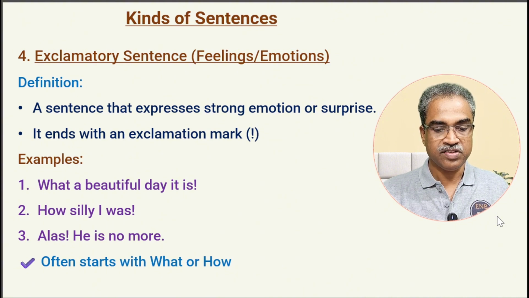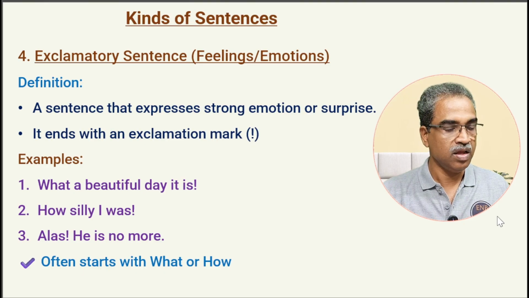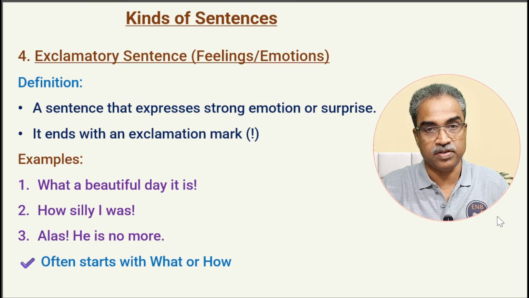Here there is no particular noun that comes. Like how cold it is. But not how a fantastic it is. It is how fantastic it is, but what a fantastic match it is or it was. You're getting that difference there.